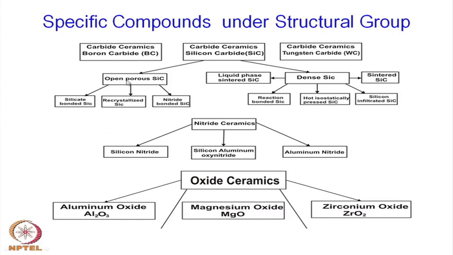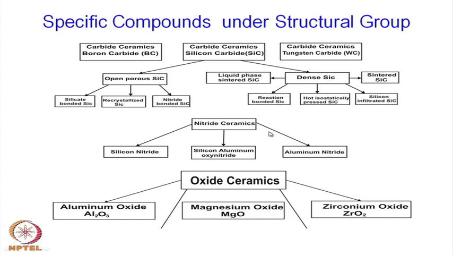I have mentioned some of them earlier, like boron carbide, silicon carbide, tungsten carbide. Then you have different forms of silicon carbide and aluminum nitride, silicon aluminum oxynitride. All these things do not occur in nature. So, you have to prepare them specially to get these compounds.